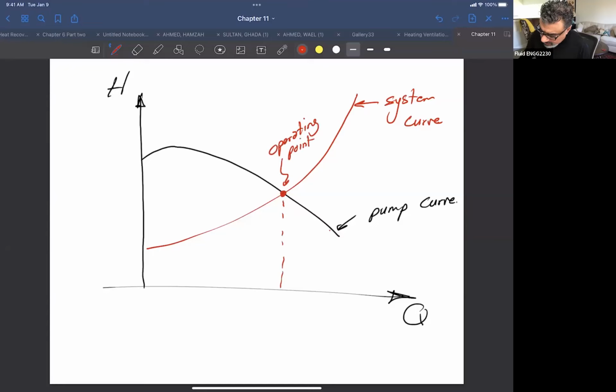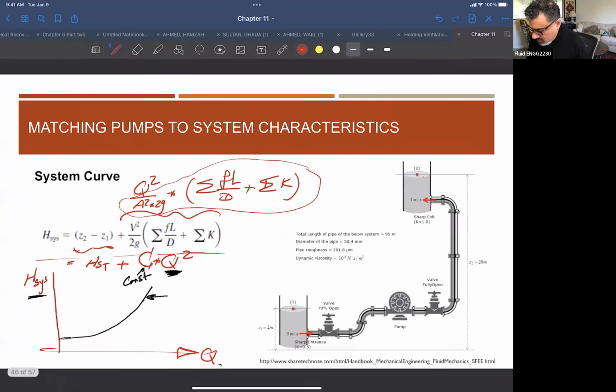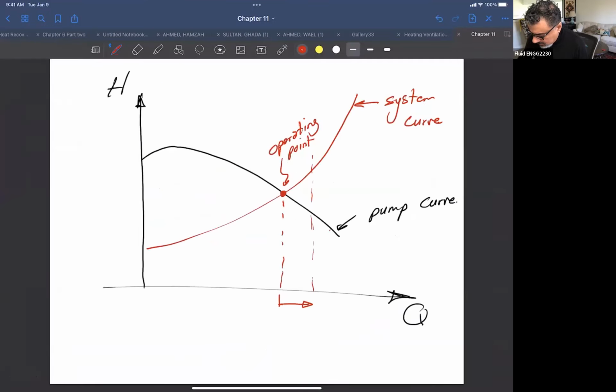Can I run the flow rate here? Can I run like this? Can I run at a higher flow rate? Can I get a higher flow rate from this pump for these specific conditions?